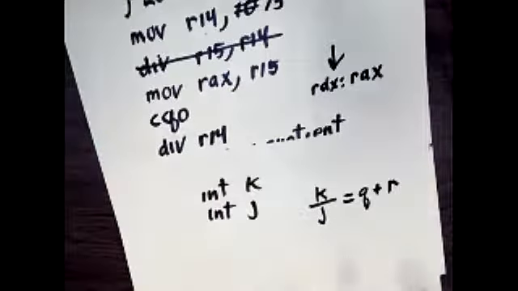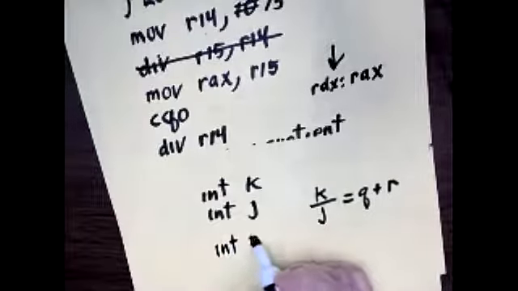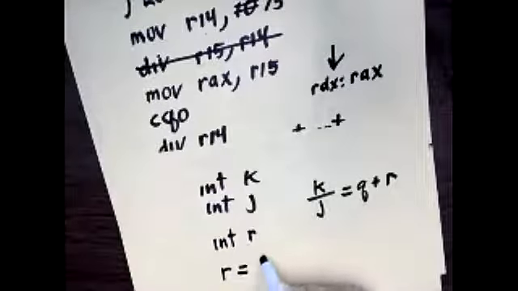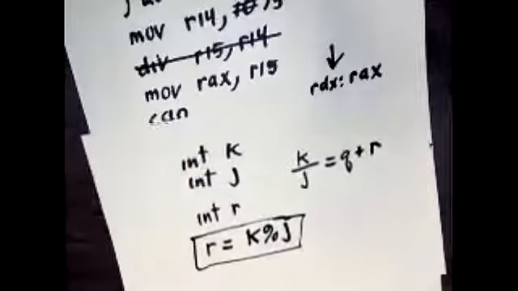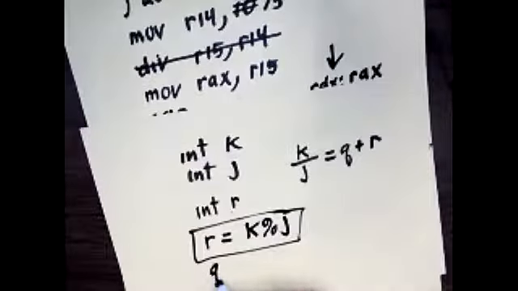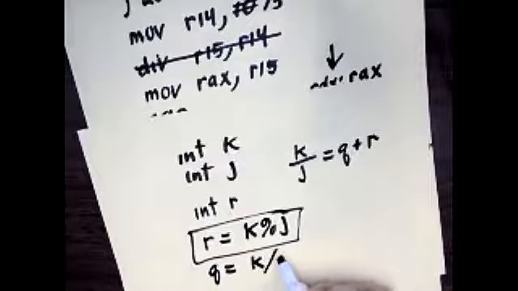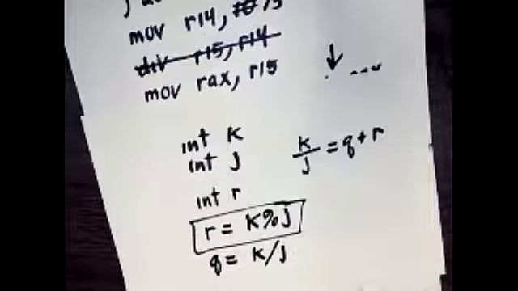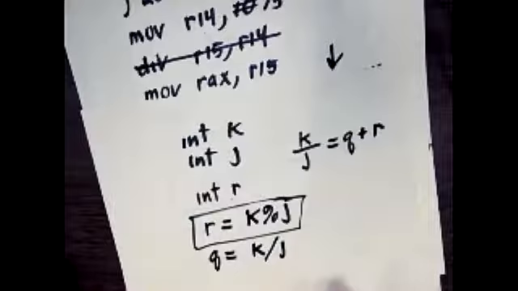Okay. So we need an integer R. So it would be R equals K percent J. Or we're not concerned with it, but if you wanted that one, Q for quotient is K divided by J. Okay, both of these exist in assembly very, very nicely.